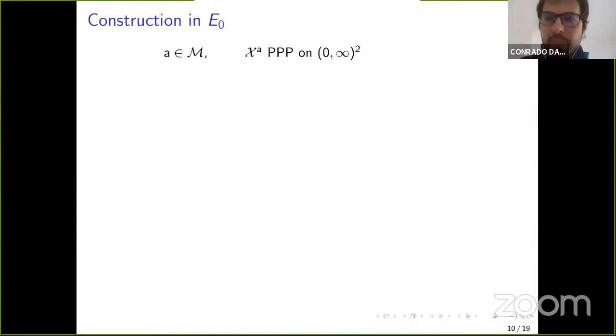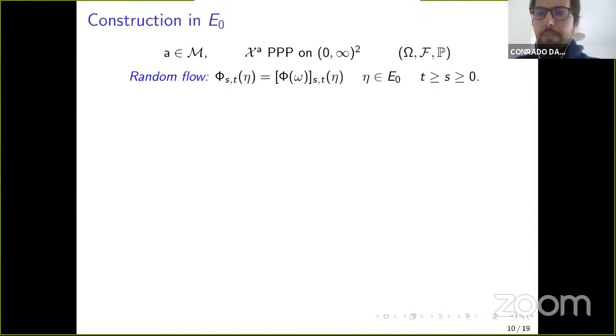I want to describe this in detail because it's a crucial coupling that will allow us to make the extensions we're looking for. So our probability space is just the collection of all these Poisson point processes, and we're taking the same marks for all initial configurations.